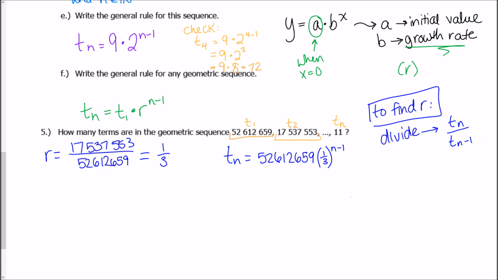Okay, now that I've done that, I know that t sub n is equal to 11. So I'm going to fill that in for t sub n to solve for n. So I get 11 equals 52,612,659 times 1/3 to the power of n minus 1.